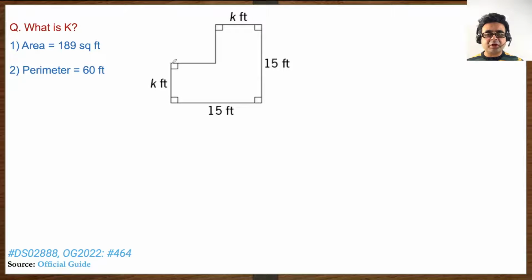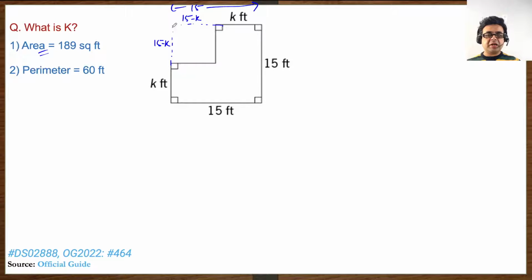So let me just quickly draw this out again to find the area and see if we can get the value of k. So we are given this is 15, this is k. We talked about this being a square, so this is also 15. So this side is 15 minus k, and this side also is going to be 15 minus k.